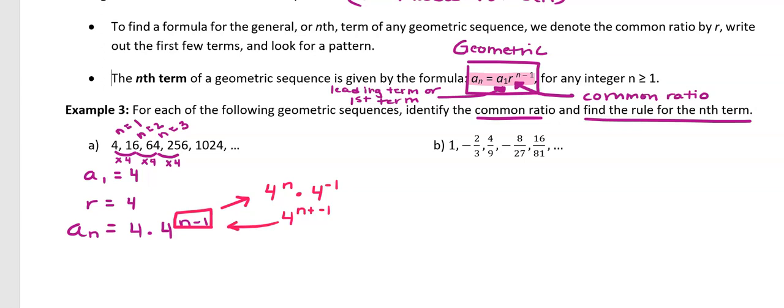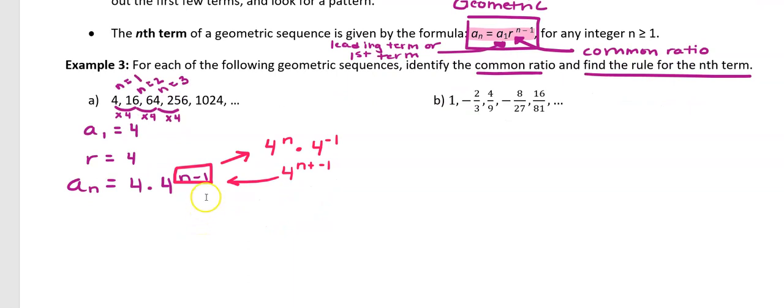So what we're going to do is undo this addition of our like bases for the powers, and we're going to break up this exponent. So we are going to write that as 4 times 4 to the n times 4 to the negative first power.